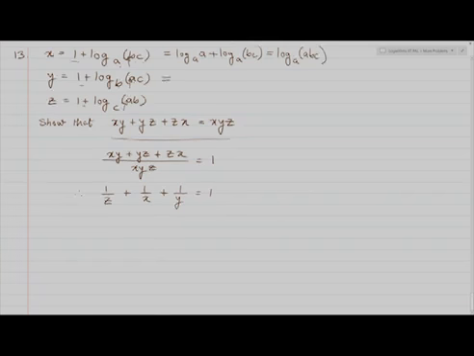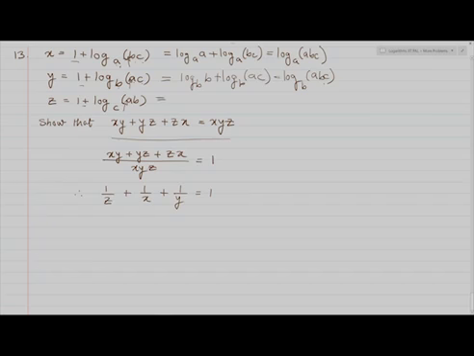Then similar things I will do here. So this will be log to the base b of b plus log to the base b of ac, which is equal to log to the base b of abc.